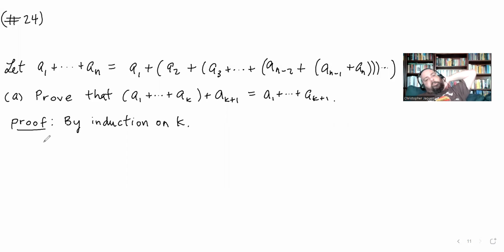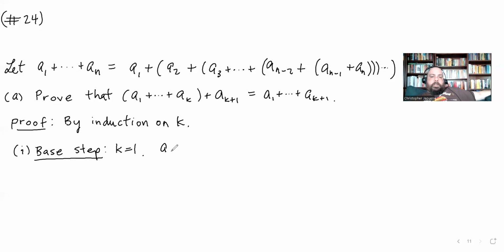There are 2 parts to a proof by mathematical induction. You have a base step. Right, so the base step here will be K equals 1. So in this example, A1 plus A2 is the same thing as A1 plus A2.